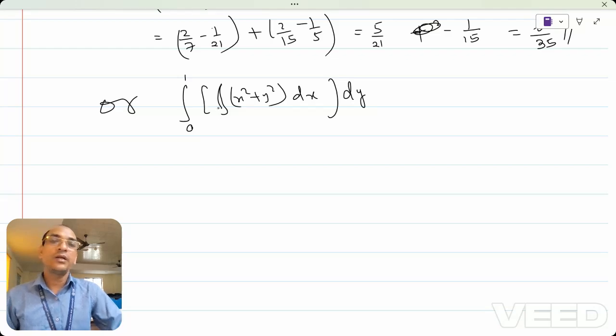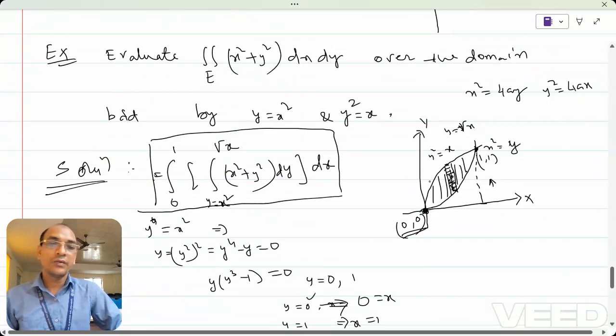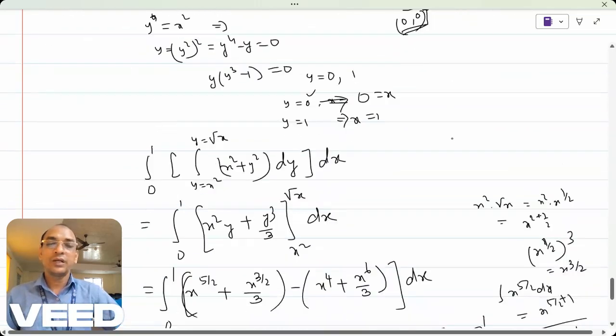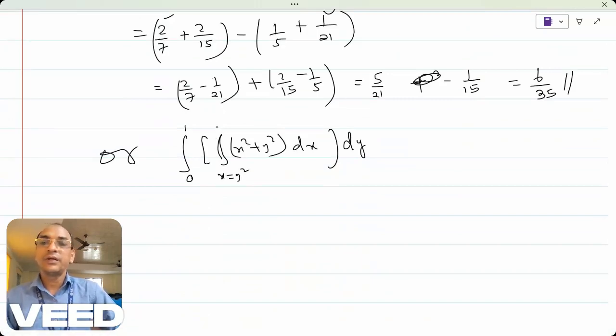Now the x limit, you see, left to right. That means you have to take in this direction. Left to right means the left part is y square equal to x. So you can have here x equal to y square and here x equal to root y. And you can evaluate it, you will get the same answer.